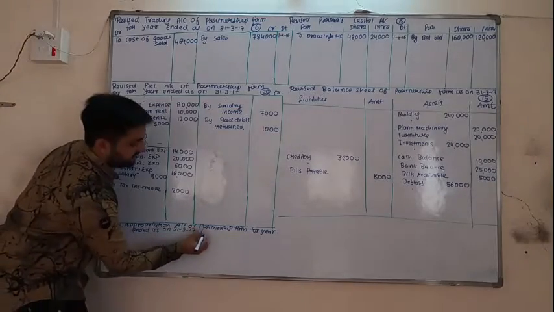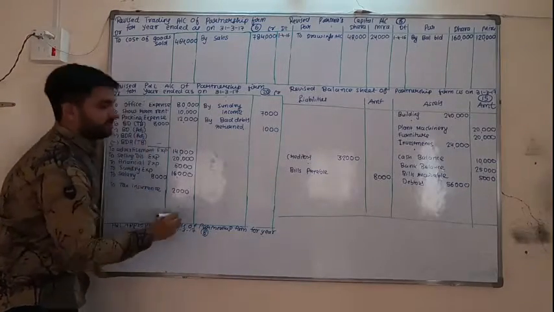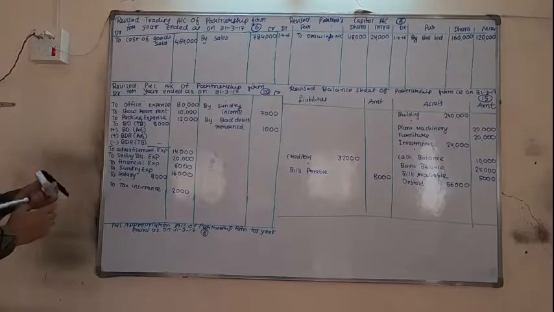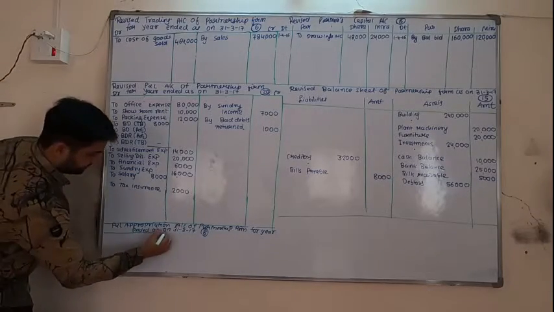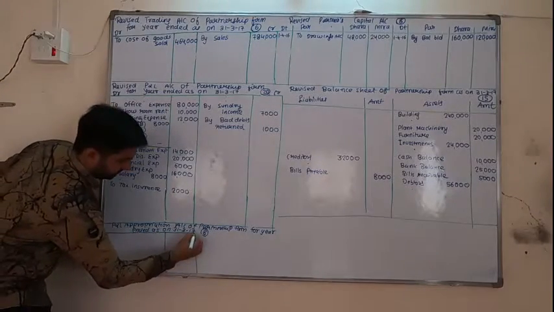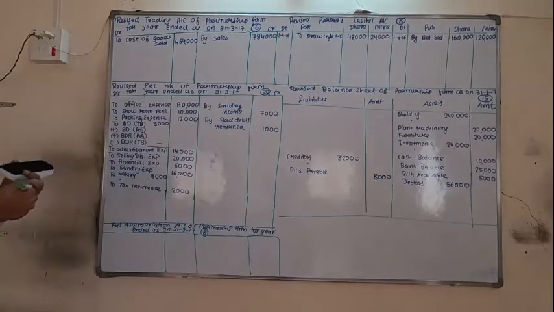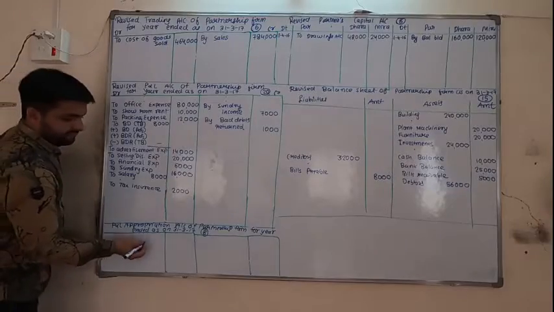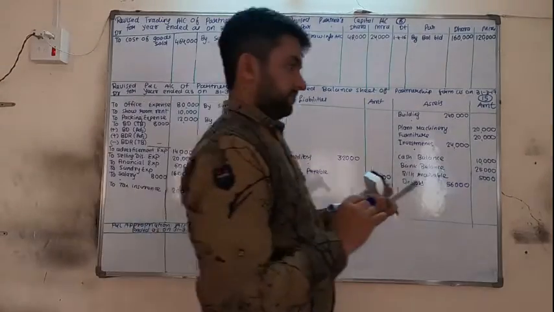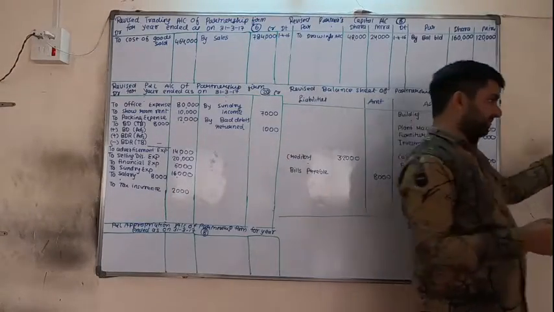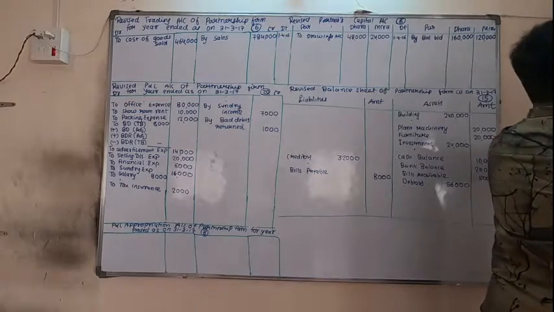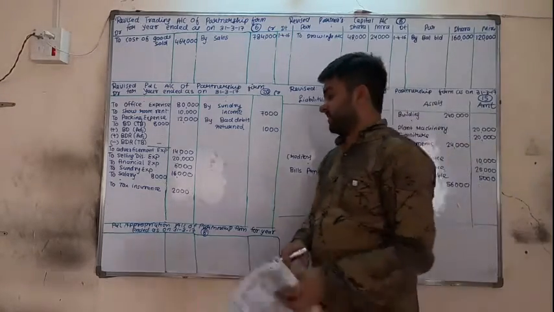Now this will require 8 lines only. 8 lines were correct here, but here I required more space. And here I am not leaving lines because I have a shortage of space. Now we are seeing each and every adjustment.